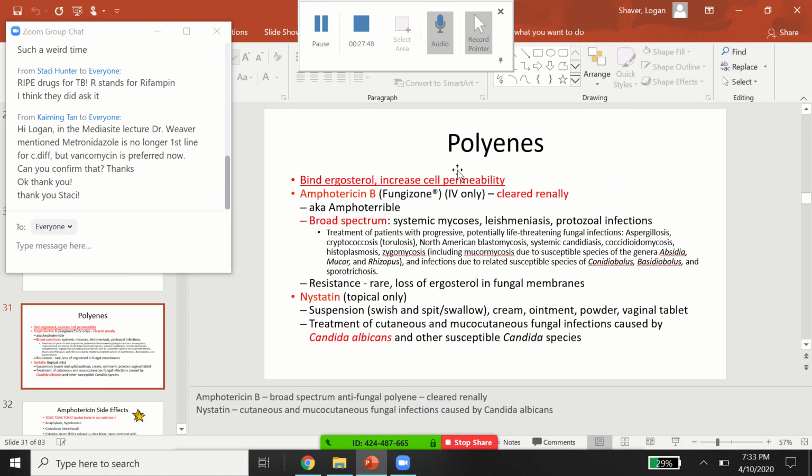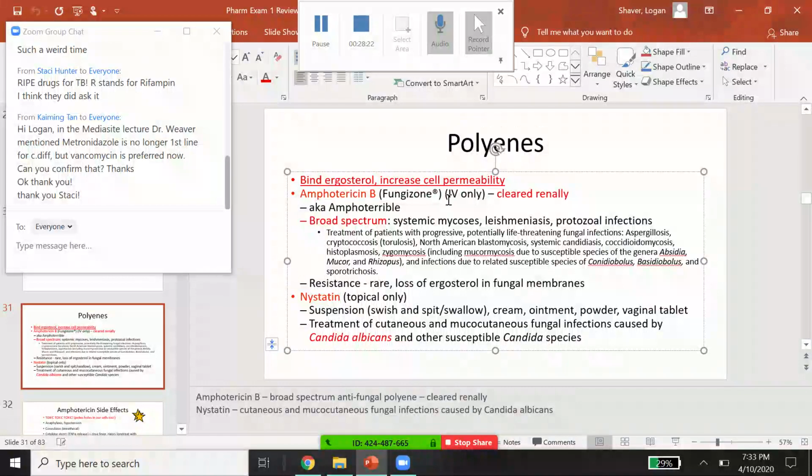All right, so polyenes. This is a specific category. What they do is they bind to ergosterol and increase cell permeability by that binding. I feel like the more important portion is that it binds specifically to ergosterol. And then amphotericin B. That one is pretty much always known as being really bad because the adverse side effects are really bad for that particular drug, and so you hear it being called amphoterrible sometimes.